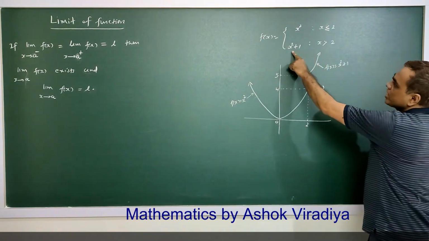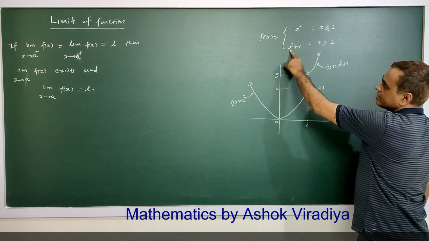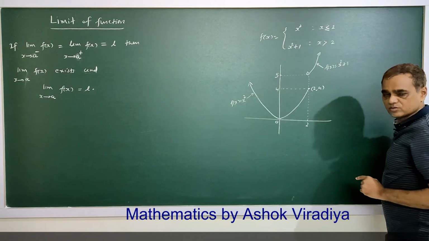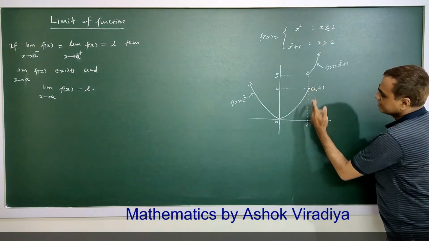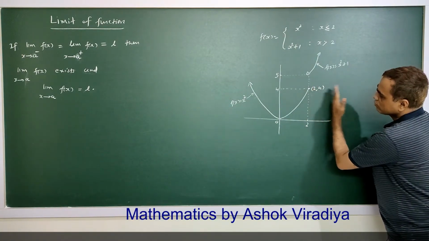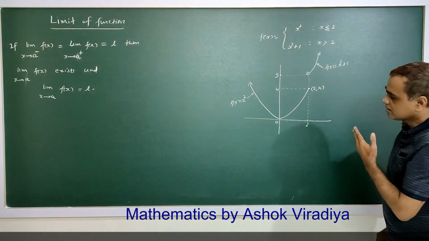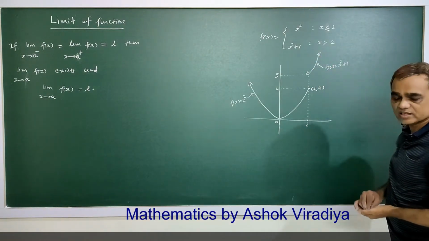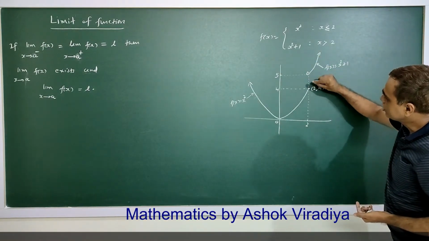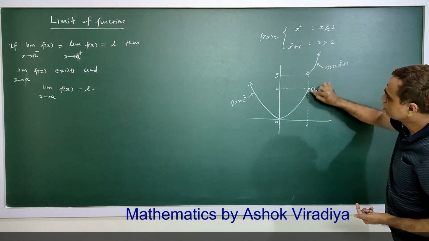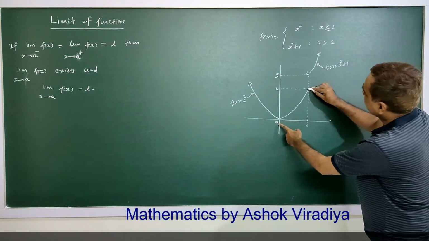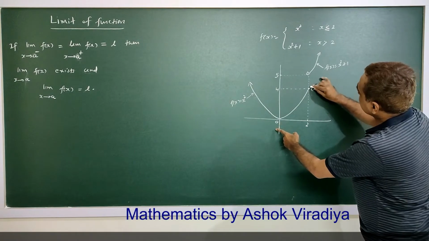See, these values are 1 greater than these values. So after x equal to 2 onwards, the graph of x square plus 1 will be 1 unit above this curve. If you continue this graph, then it will be something like this.